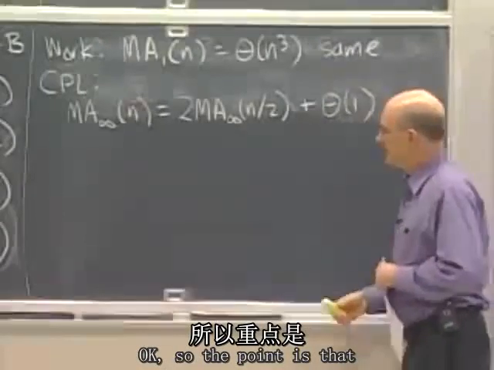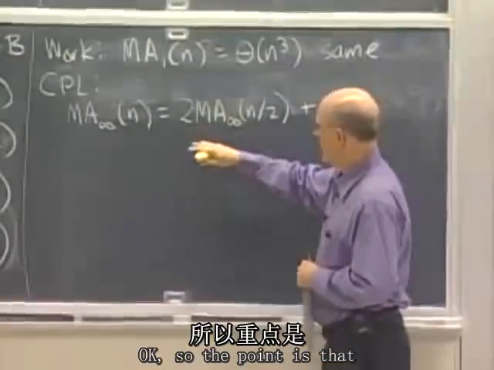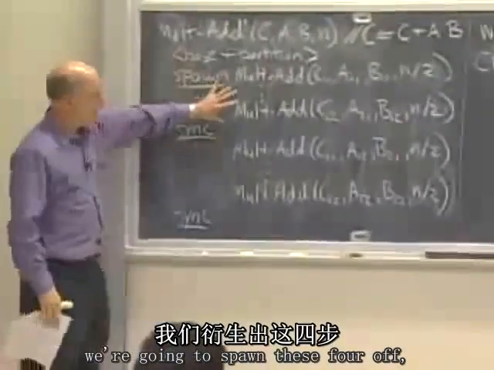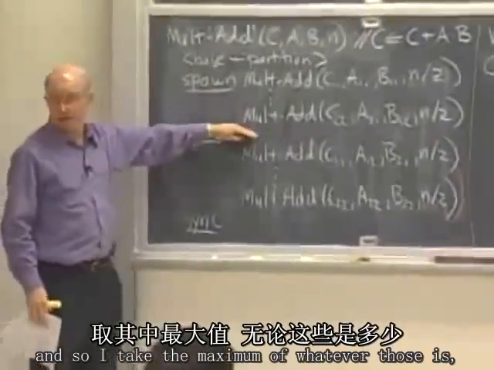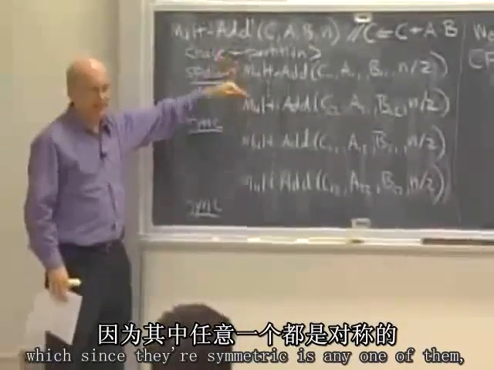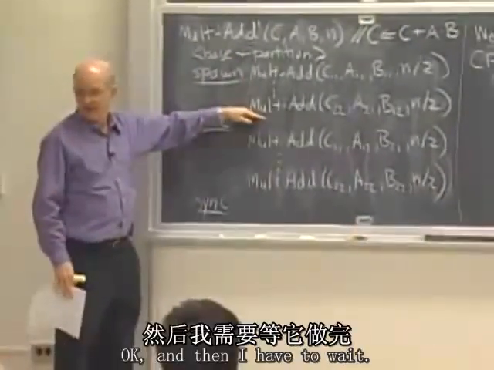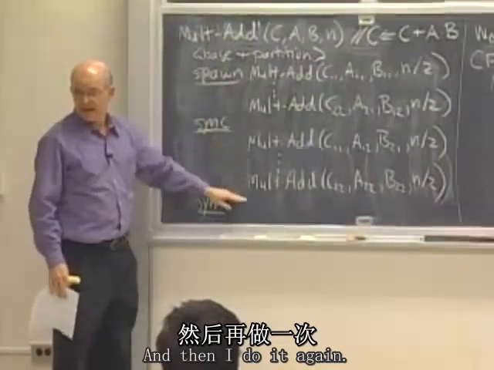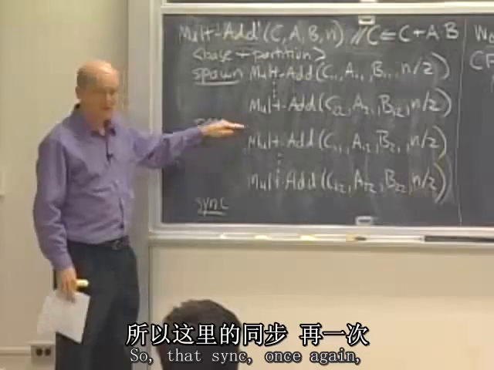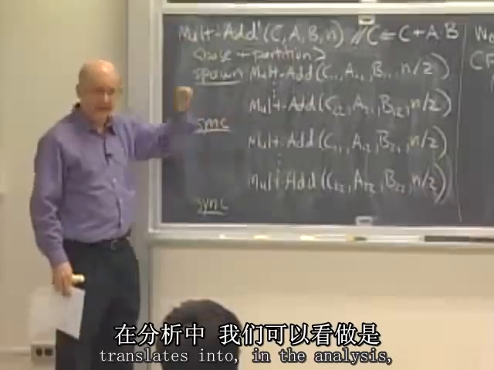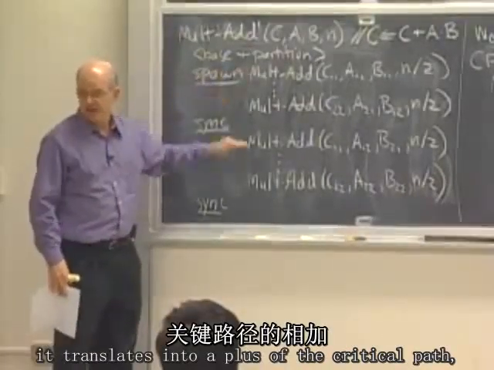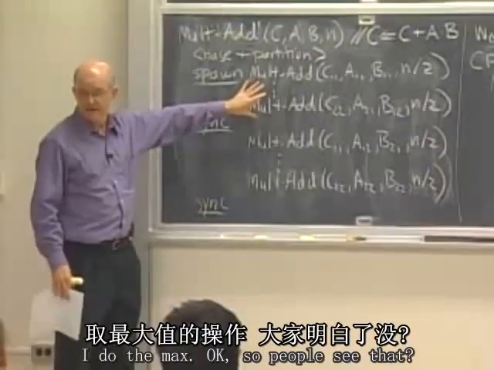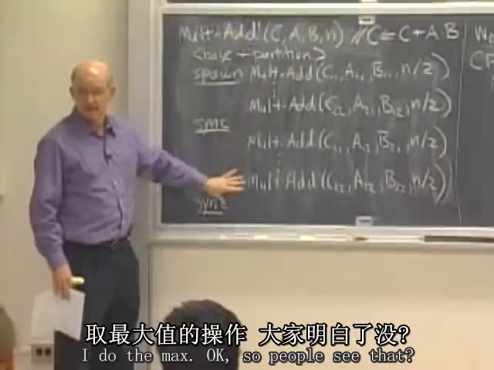Okay, so the point is that for the critical path, we're going to spawn these 4 off, and so I take the maximum of whatever those is, which since they're symmetric is any one of them. Okay, and then I have to wait, and then I do it again. So that sync, once again, translates in the analysis into a plus of the critical path, whereas for the things I spawn off in parallel, I do the max. Okay? So people see that?